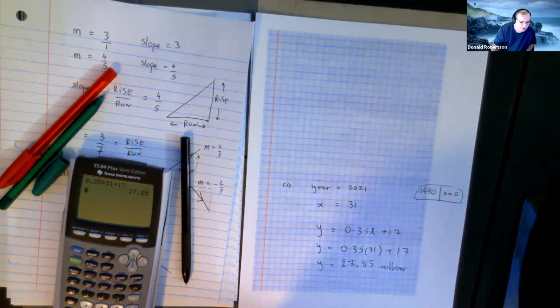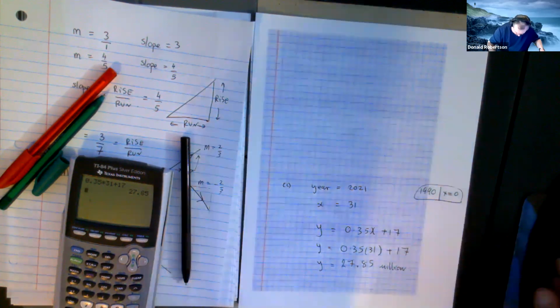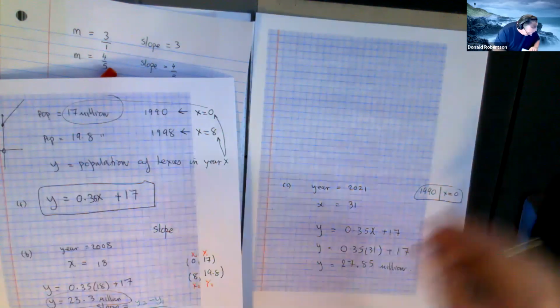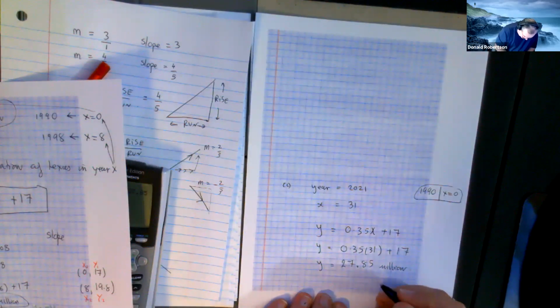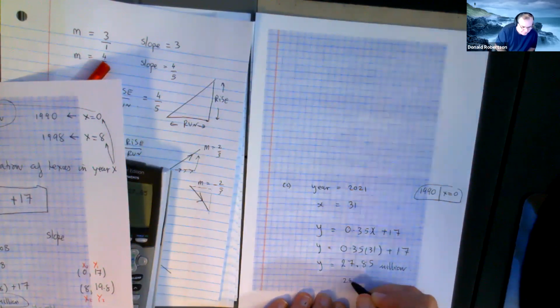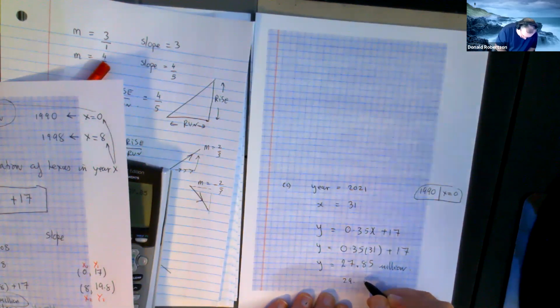Come on, tell me the population, I need a number. And the population of Texas was in fact, the real answer, 29,000,000.49.